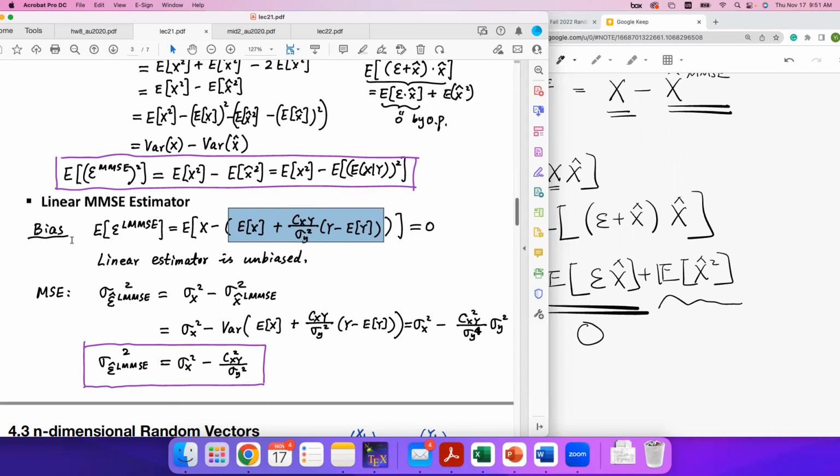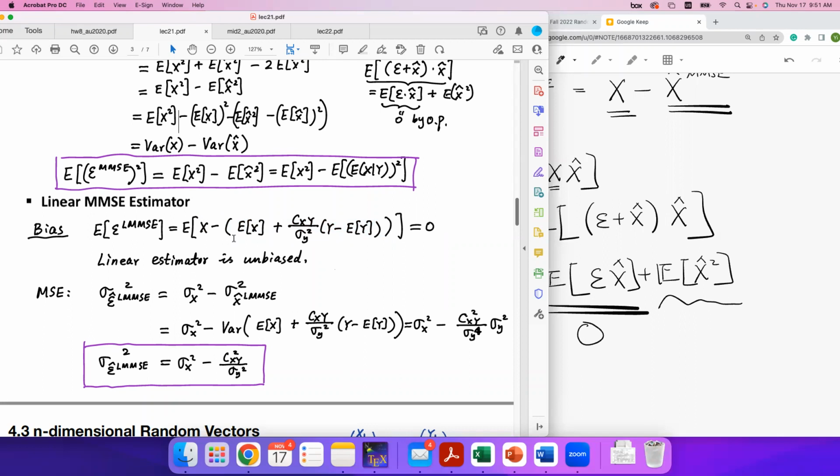The first one is the bias. The bias is defined as the expectation of this error. This error is basically the difference between your underlying random variable and your estimation. So this is the error, and you take the expected value of this error.